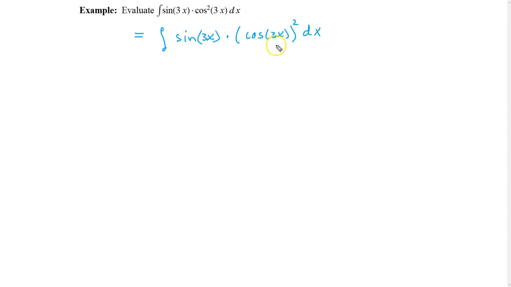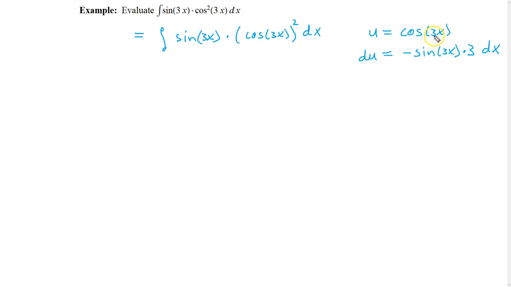Well, we recall that the derivative of cosine is sine, so perhaps we can do this as our substitution. And let's see if that works. So if we let u be cosine 3x, notice that du then becomes. Notice we had to do a little application of the chain rule here.